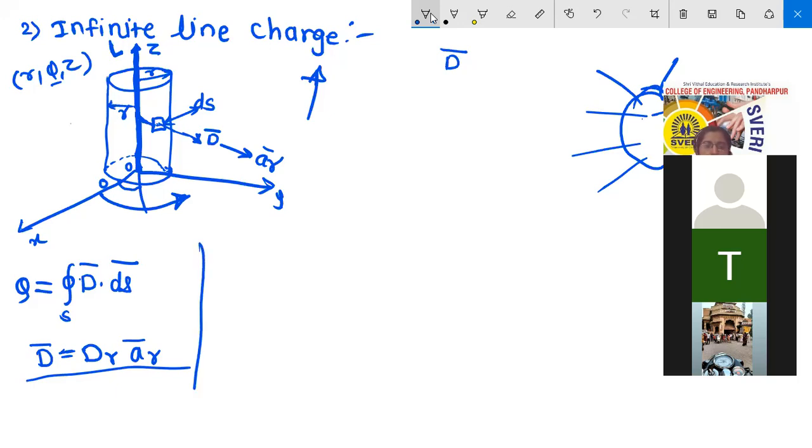Now you have to find dS bar. I am not going to tell. What will be the dS bar? R square sin theta d phi. Why is it r square sin theta d phi?